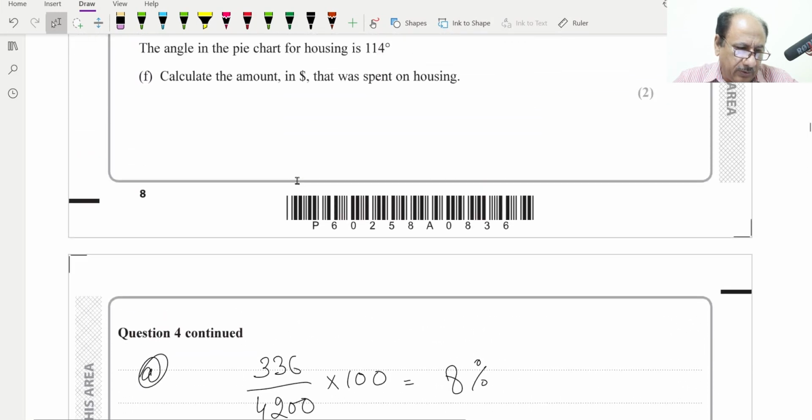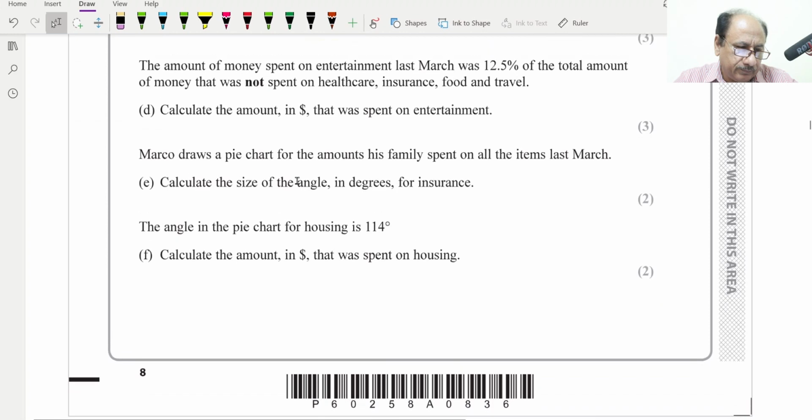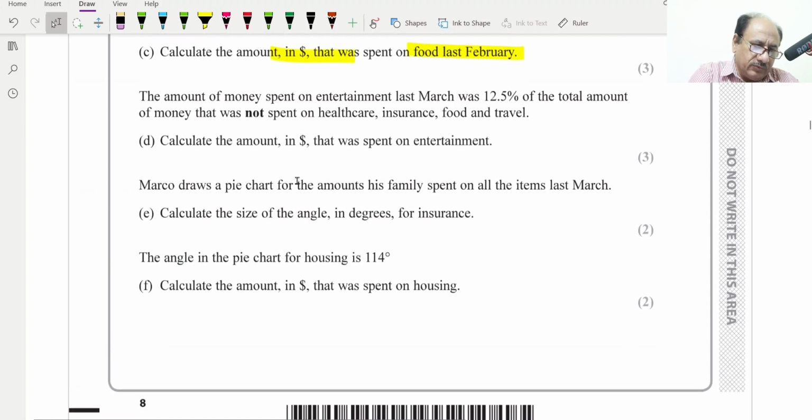Now for D part, calculate the amount. The amount of money spent on entertainment last March was 12.5% of the total amount of money that was not spent on health, insurance, food and travel.